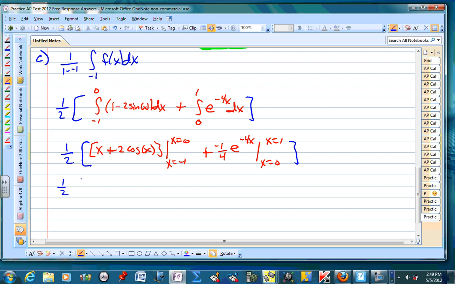1/2. Zero plus 2 times the cosine of 0. Cosine of 0 is 1. We're going to call that 2 minus negative 1 plus 2 times the cosine of negative 1.